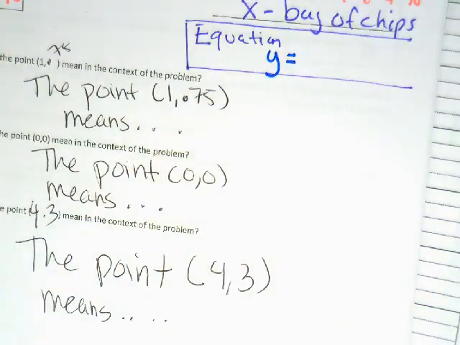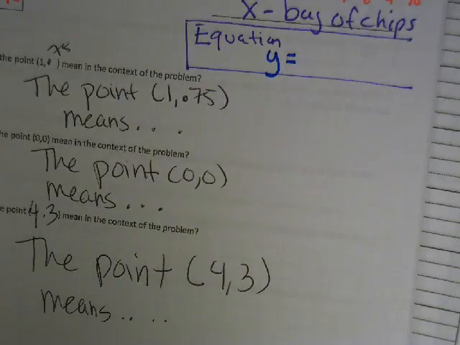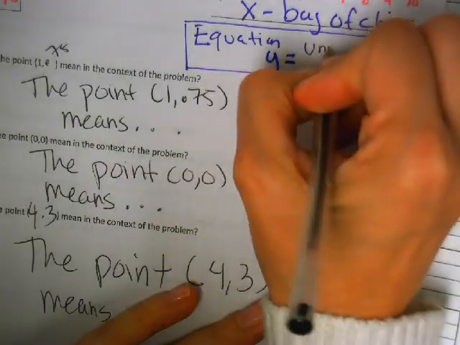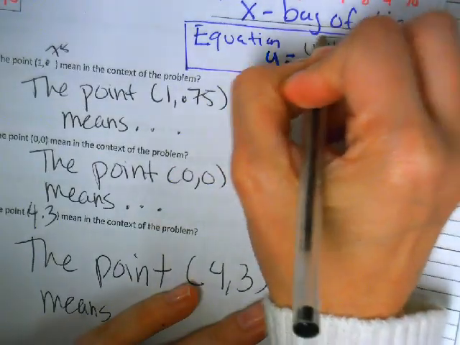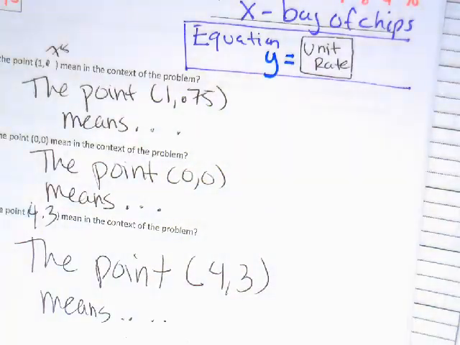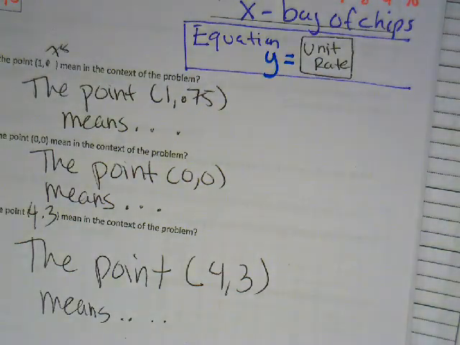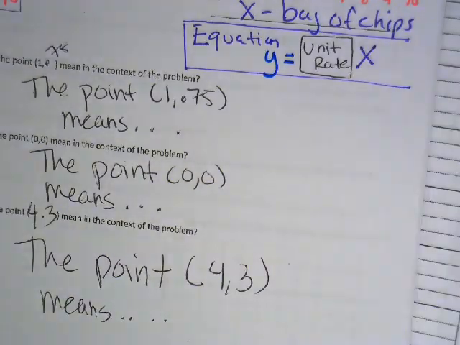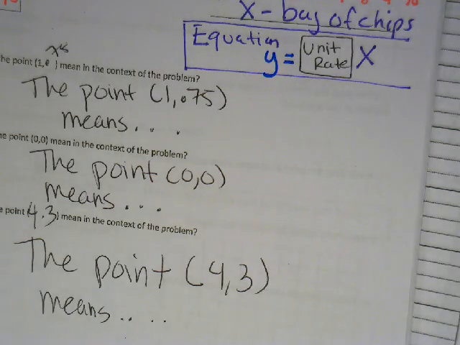In 7th grade, after the equal sign goes your unit rate, and then at the very end you put the letter x. You will always have y equals your unit rate x. It will always start with y and end in x. In 8th grade it changes a little, but we don't worry about that today.